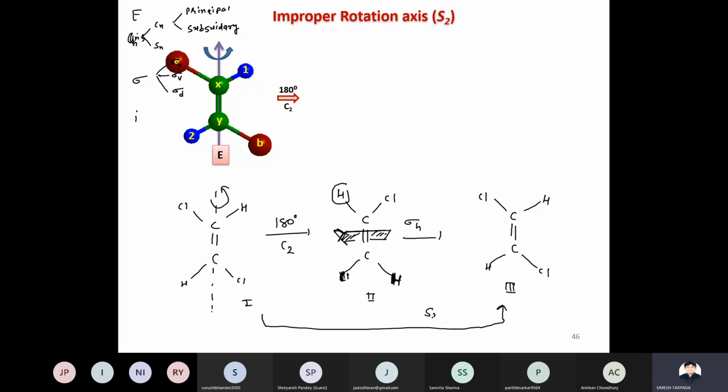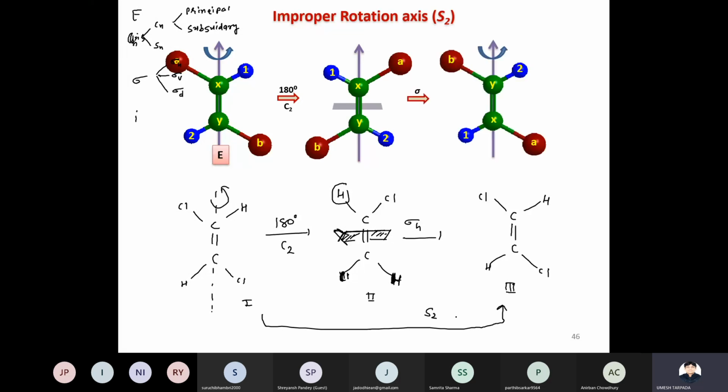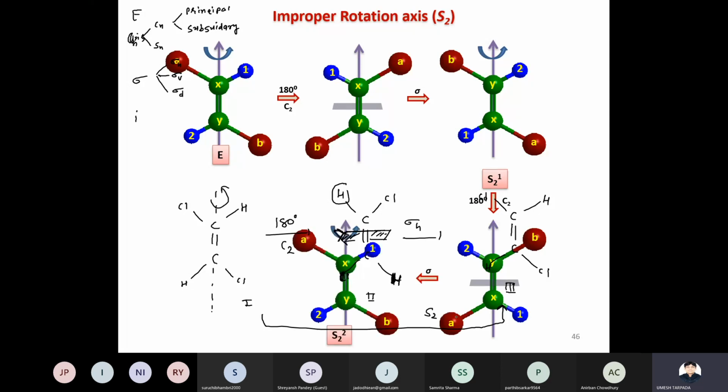S2 process. In this way, look at here, S2 is rotation followed by reflection, so you can have an equivalent structure. This is called S2 raised to 1. You can do S2 a second time, so you are getting the original structure.